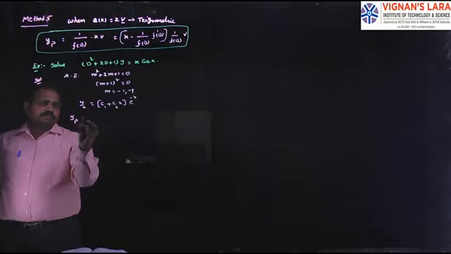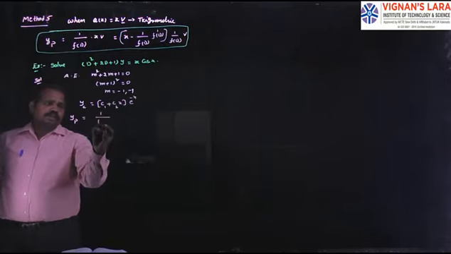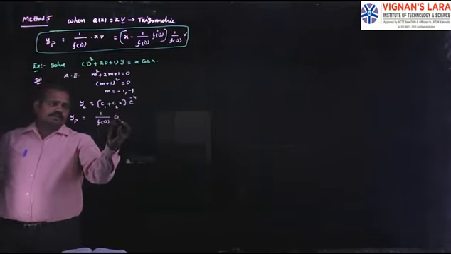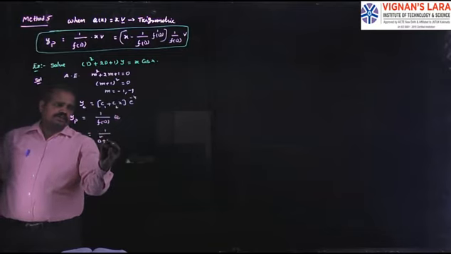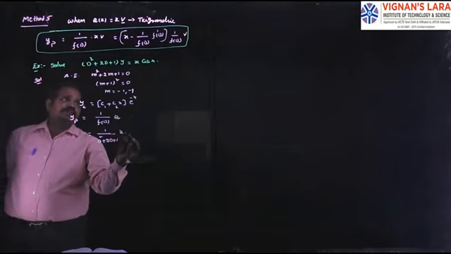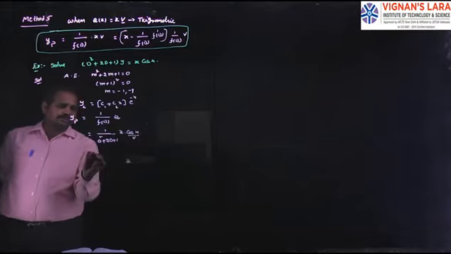Coming to the particular solution, 1 by f of D into q, that is 1 by (D square plus 2D plus 1) into the q value x into cos x. So this is in the form of x into v.